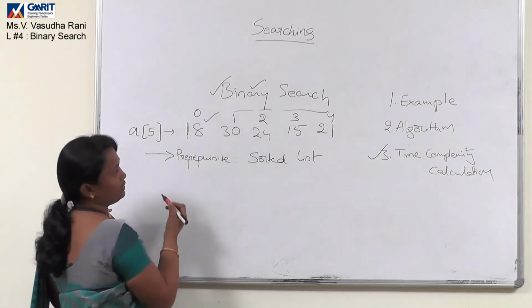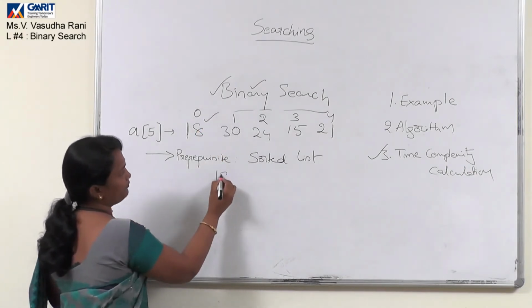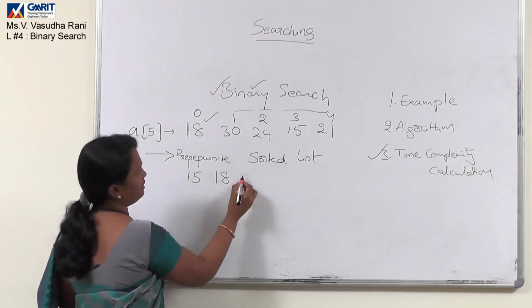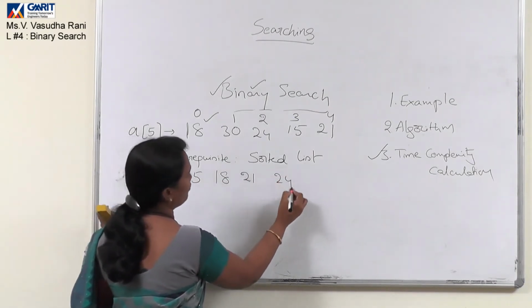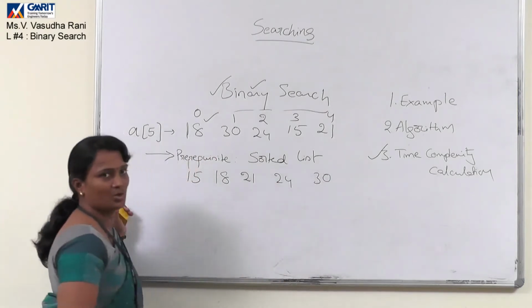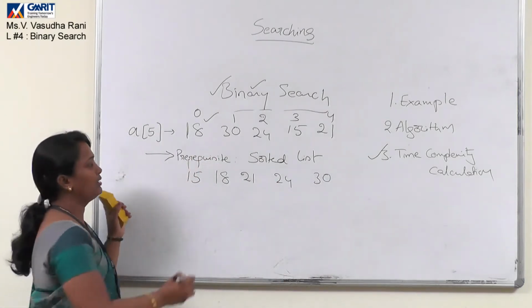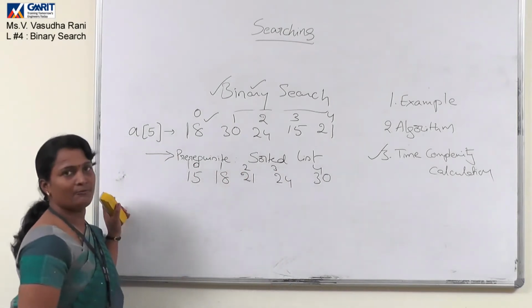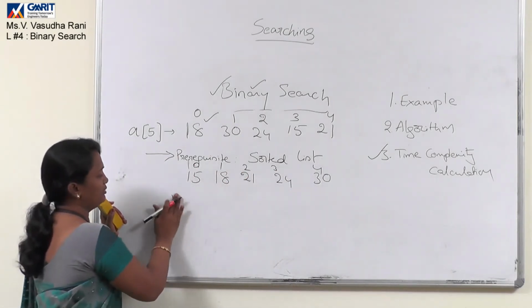So if you sort this particular list, we'll get 15, 18, 21, 24 and 30. This is the sorted list which is the input for binary search, and the indexes will be 0, 1, 2, 3, 4.